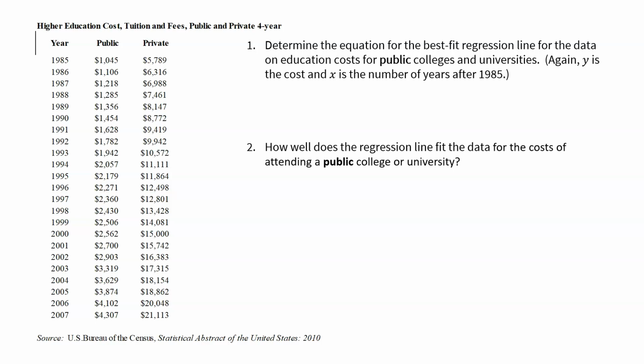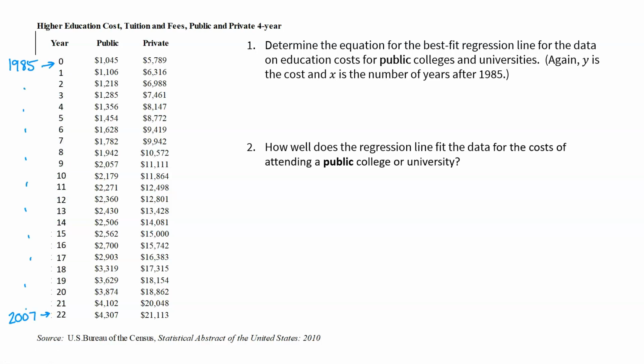So in this demonstration, we're again going to explore this public college data. Again, we're going to use the fact that Y is the cost and X is the number of years since 1985, so these will be adjusted accordingly as they were in the previous demonstration and example 5. And so you want to come up with an equation for the best fit regression line for the data.